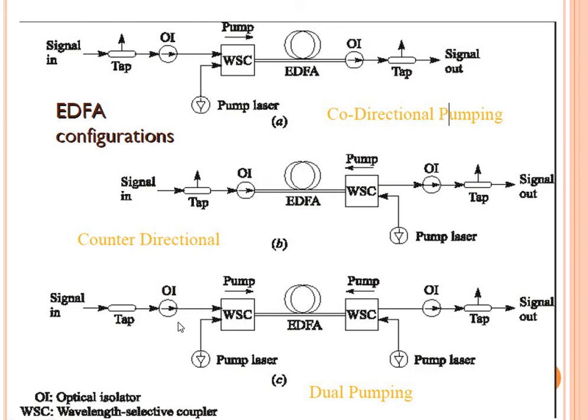And there is also another possibility: we can use either a single pump source or a dual pump source. When dual pump sources are used, it is called dual pumping. Counter directional pumping allows higher gains, but co-directional pumping gives better noise performance.